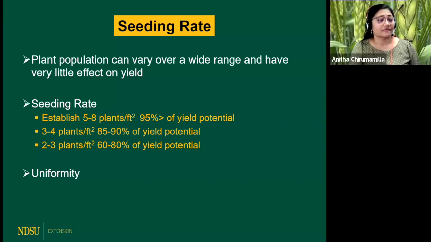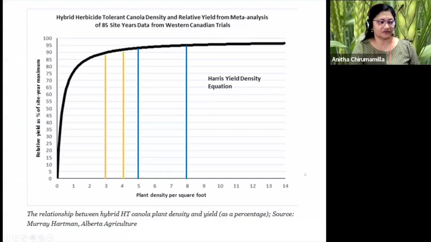And then at a minimum of 2 to 3 plants per square foot, we can still achieve 60 to 80% of the yield potential, granted that this population is uniform throughout the field. So there is a wide range of plant density.